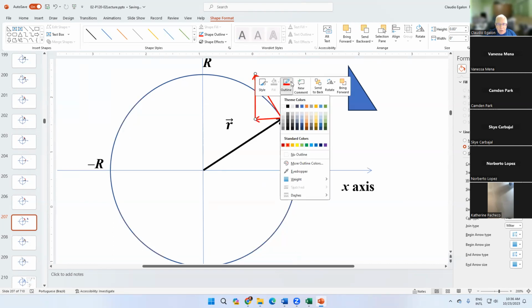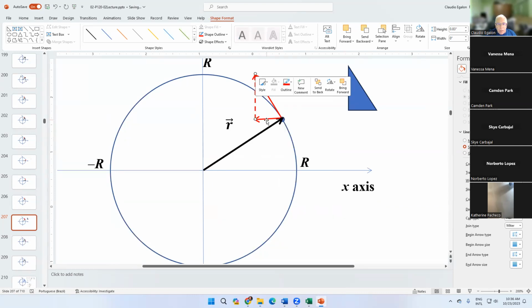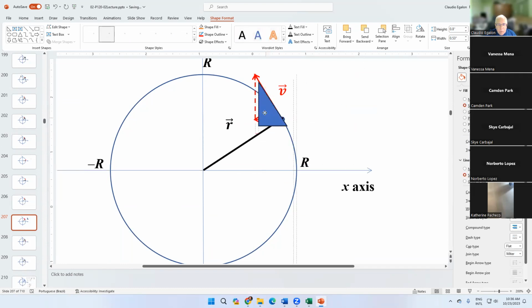And I'm going to dash it. My x component is not quite right, huh? And that's because my right angle triangle is not quite right either. But I think I got it now.